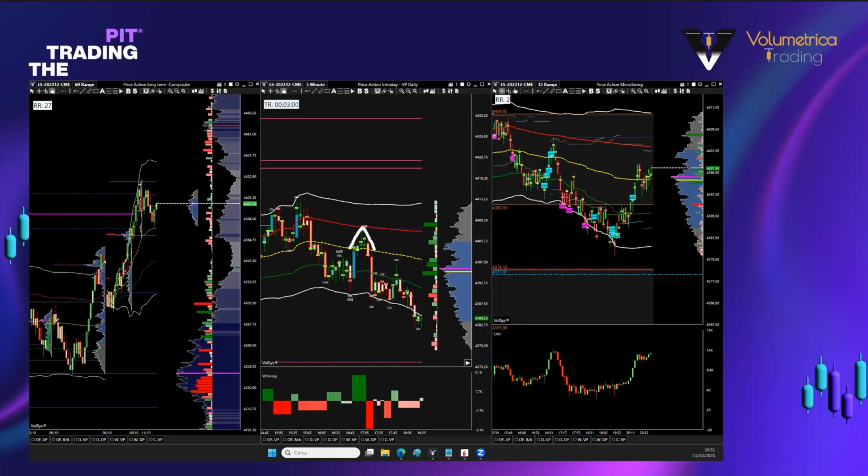So we can say that the attempt of making a new high has failed, even though the dominance of delta was positive. So there was a proper push of volume in this attempt of making new highs.